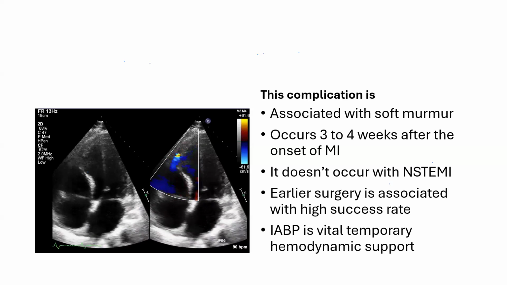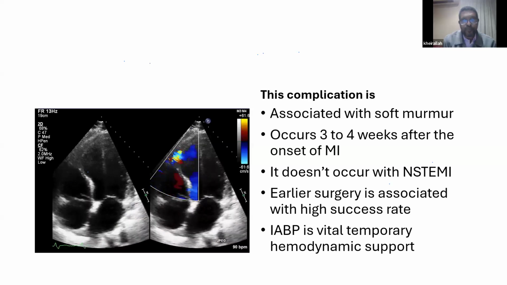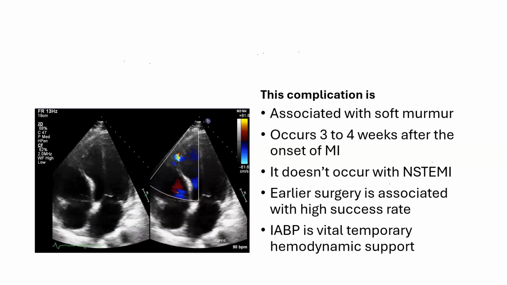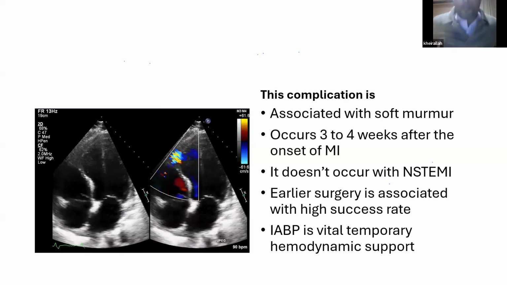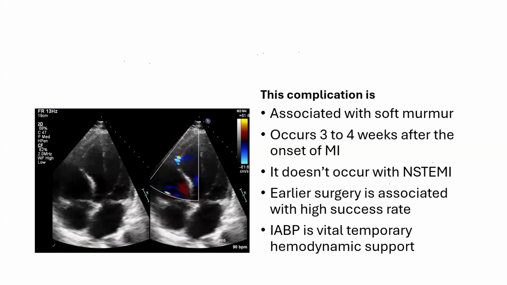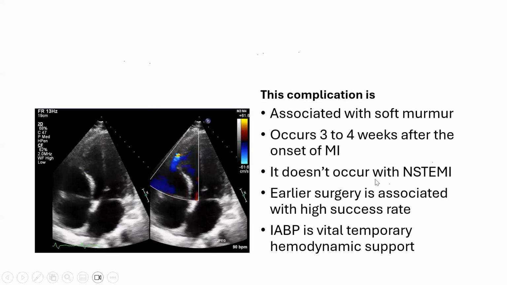Was the early surgery associated with high success rate? Okay. Good. I don't think so. This is wrong also. So it could be the balloon pump, and also it could be, I don't know, if it doesn't occur with non-STEMI. So maybe it doesn't occur with non-STEMI. This is the correct answer.